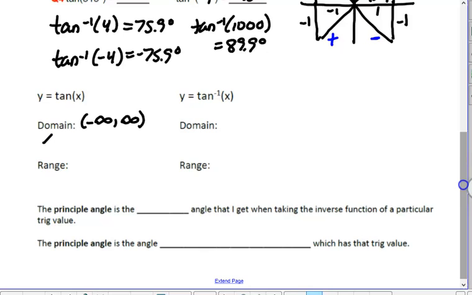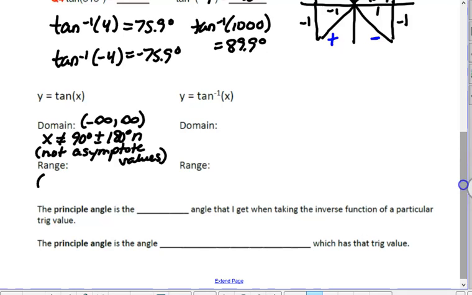And so we're going to say x is not equal to 90 degrees, that's where one asymptote is, plus or minus 180n, because all the asymptotes are 180 degrees apart. So all real numbers except those where those asymptotes are. The range, or the trig values, are negative infinity to infinity. We can have any possible trig value.